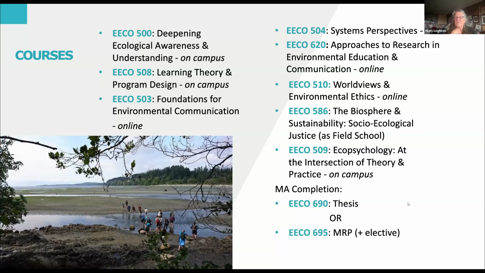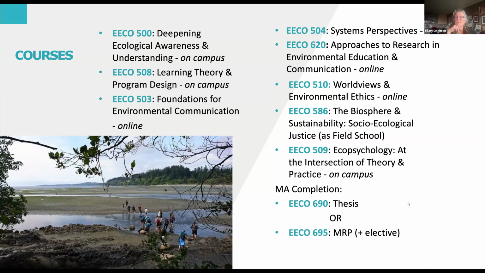And then 509 is the course I teach, Ecopsychology at the Intersection of Theory and Practice, where we deepen our interconnectedness with the natural world and really immerse ourselves in the context of that when we're on campus. And look at a full, as I say, climate range of emotion, be able to keep ourselves really healthy as we're moving out into the world to address what's coming and what the world needs right now.